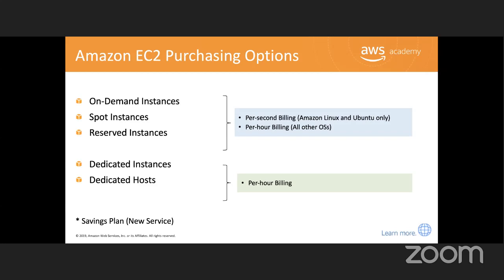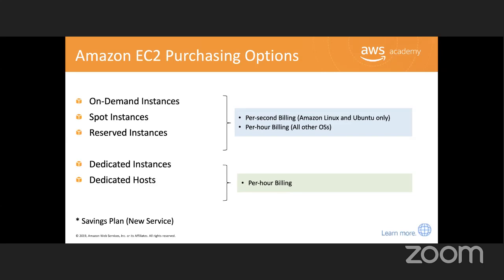It also applies to AWS Fargate and AWS Lambda usage. Savings plans offer significant savings over on-demand, just like EC2 reserved instances, in exchange for a commitment to use a specific amount of compute power, measured in money per hour, for a 1 or 3 year period.